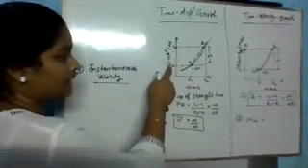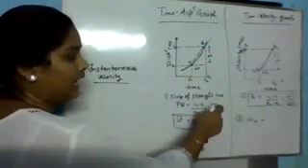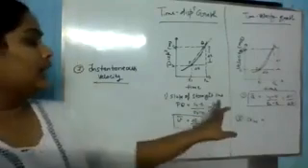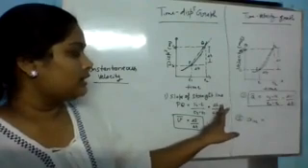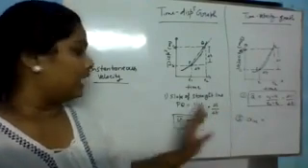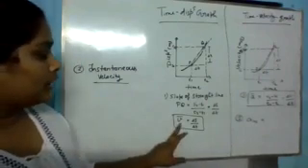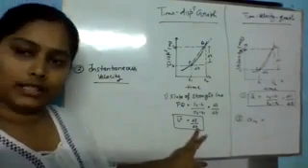That means S2 minus S1 upon T2 minus T1 equals delta S upon delta T. Delta represents change: delta S represents change in displacement and delta T represents change in time. So the average velocity is V bar equals delta S upon delta T.